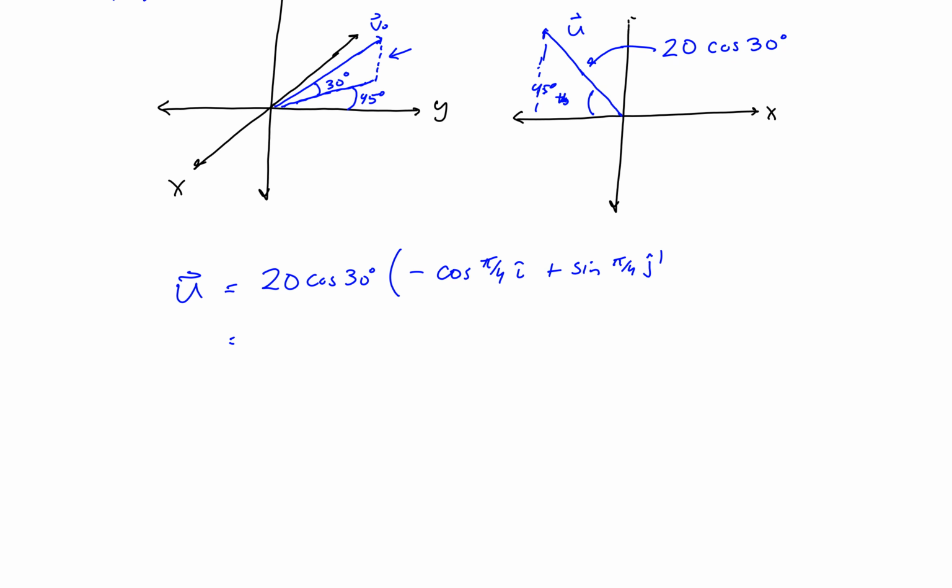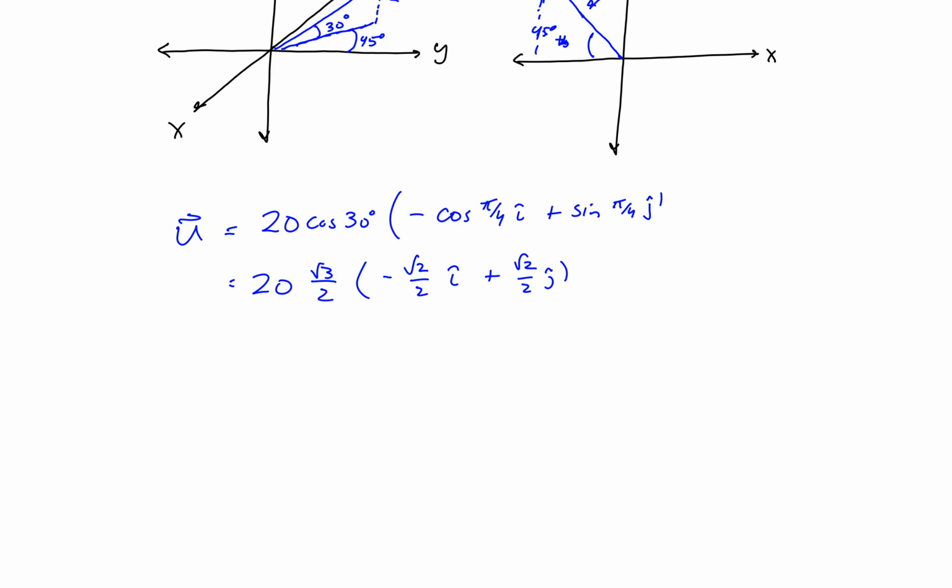And so cosine of 30 degrees is square root of 3 over 2, and this is minus root 2 over 2 i plus root 2 over 2 j. So this becomes 5 root 6 times negative i plus 5 root 6 j.